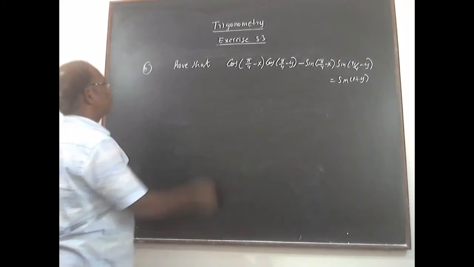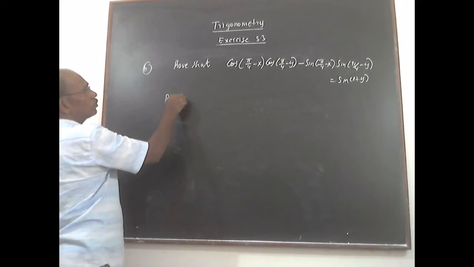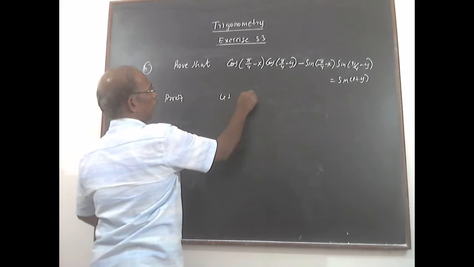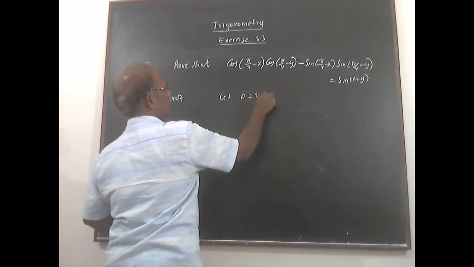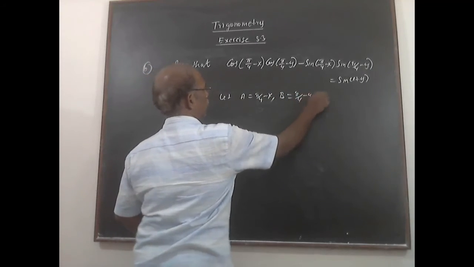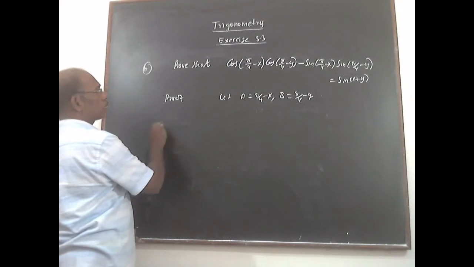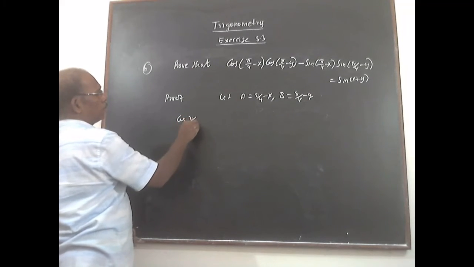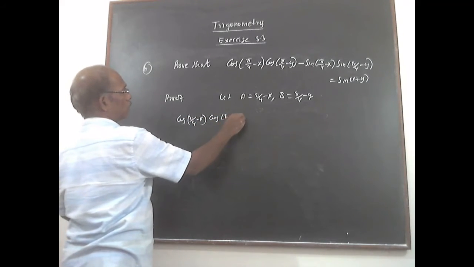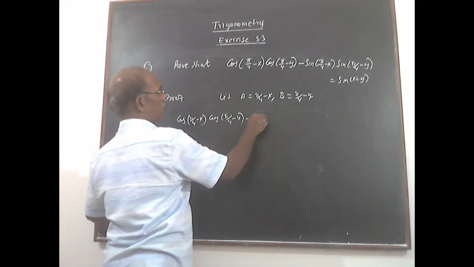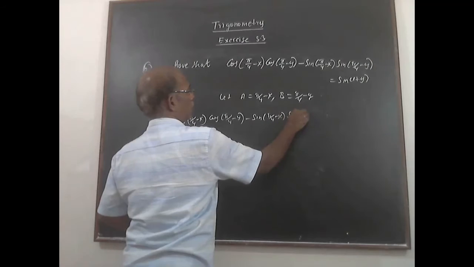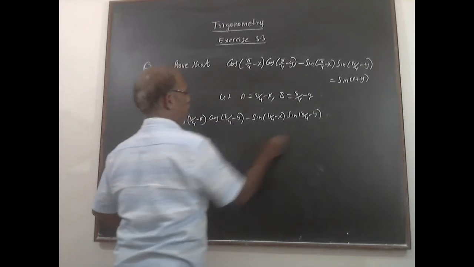Okay, and proof. Let us take angle A is pi by 4 minus x, angle B is pi by 4 minus y. Then LHS is cos(pi by 4 minus x) and cos(pi by 4 minus y) minus sin(pi by 4 minus x) and sin(pi by 4 minus y).